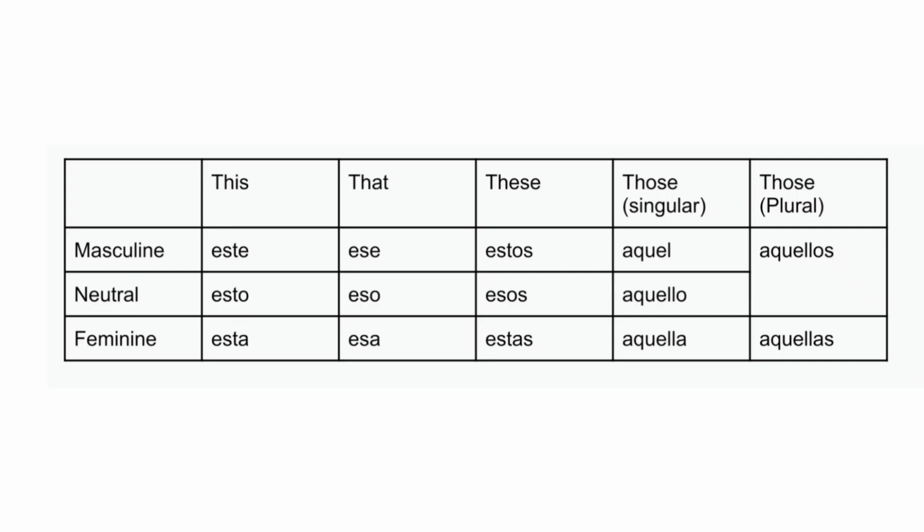So let's look at the three genders: the masculine, the neutral, and the feminine. If we want to say this, we will say este for masculine singular words, esto for singular neutral things, we will talk more about it later, and esta if we want to refer to a singular feminine thing or person.